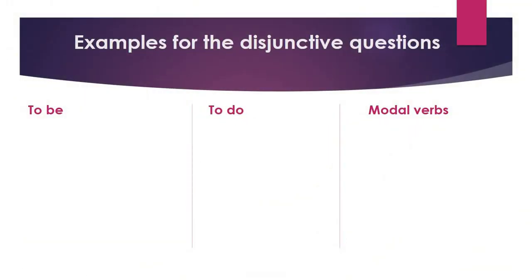Examples for the disjunctive questions. For the verb to be, for to do, and modal verbs. I'm a teacher, aren't I? Here the auxiliary verb is am, and it's a tail for the tag question, aren't I?